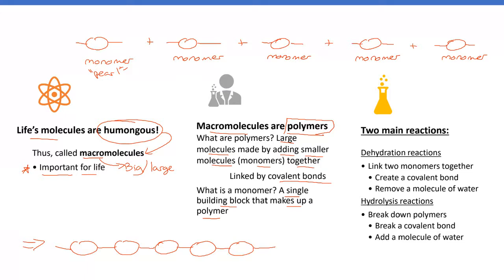So we put them all together, guys. We add them, we stick them together. We all stick together. All of these monomers are stuck together, and we make a beautiful polymer, or in this case, a beautiful necklace.